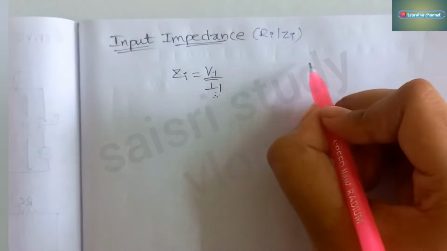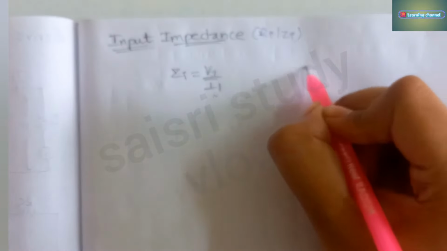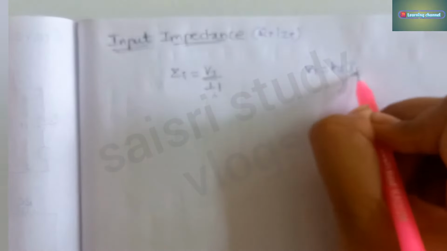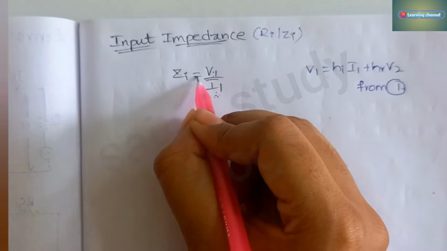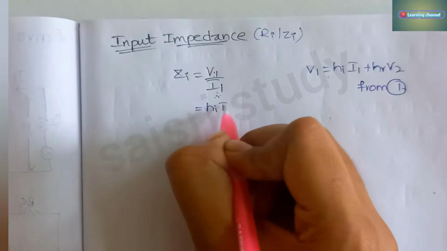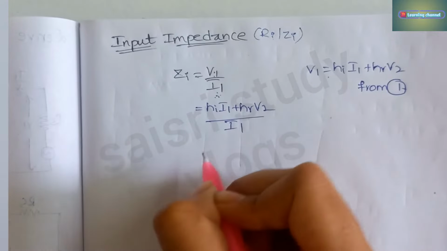So V1 by I1. From the basic two equations which we have written at the beginning, V1 is equal to HI I1 plus HR V2 from equation 1. Now substitute this V1 here: (HI I1 plus HR V2) by I1.